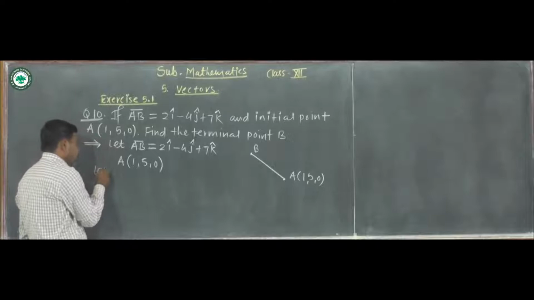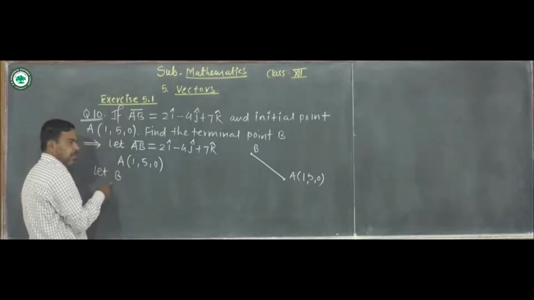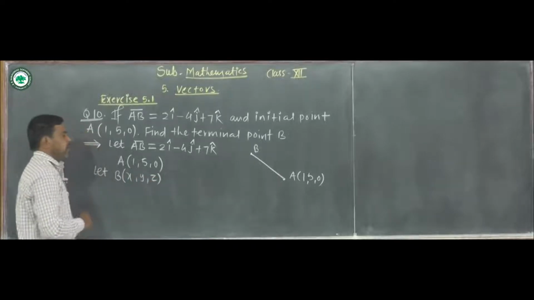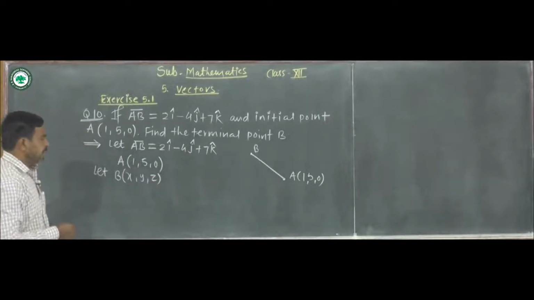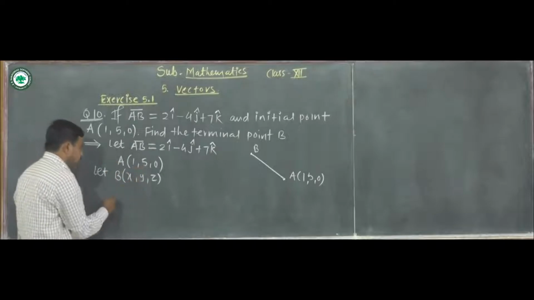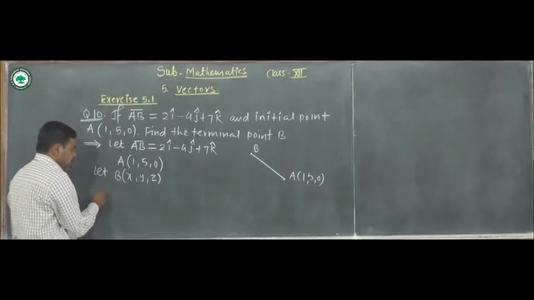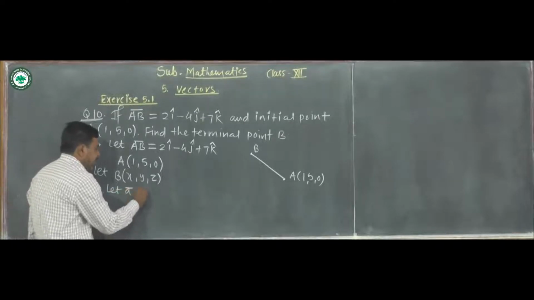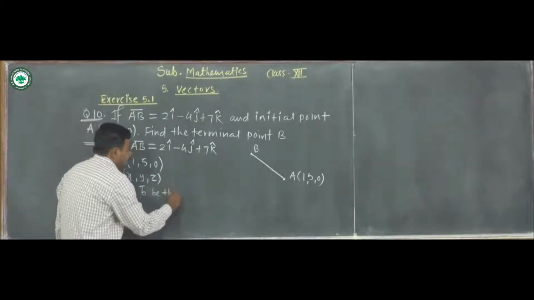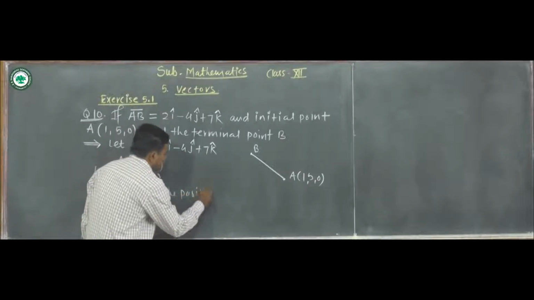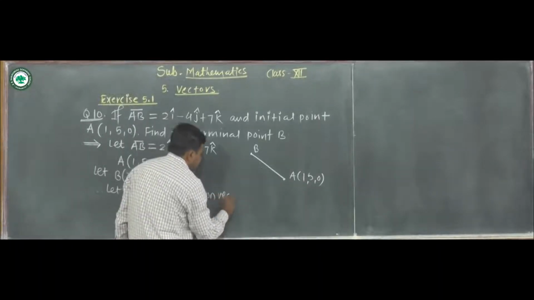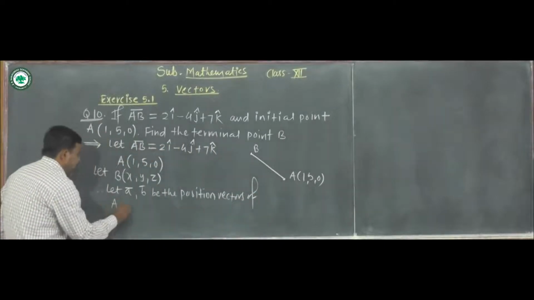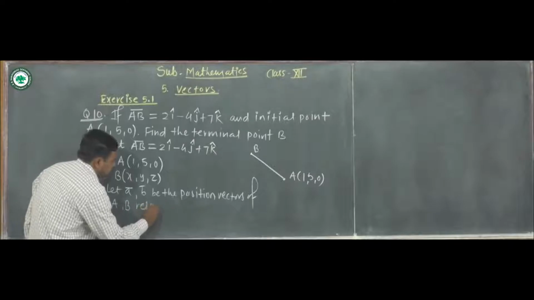Let point B, that is the terminal point, be x, y, z. Point A is here, point B is here. So therefore, let A bar and B bar be the position vectors of capital A and capital B respectively.